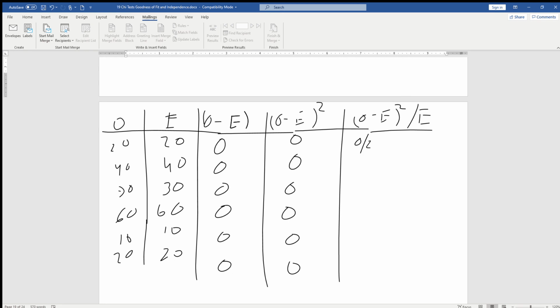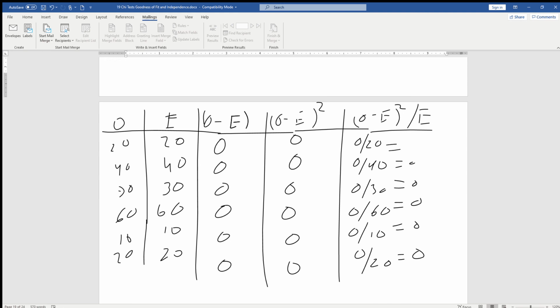For instance, 0 over 20, 0 over 40, 0 over 30, etc. They're all going to be 0. Okay, 0, 0, 0, 0, 0, 0, and that makes our test value 0. So this one ended up being really easy.